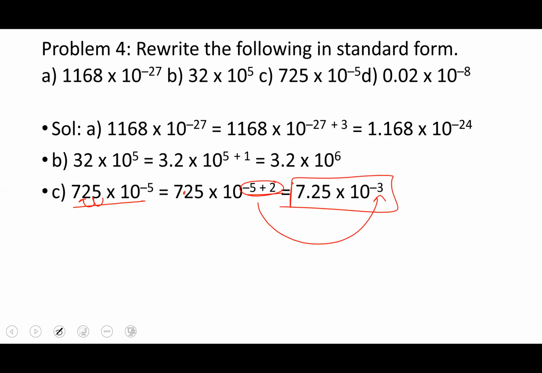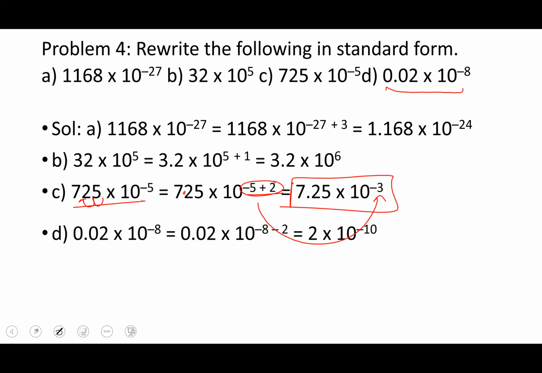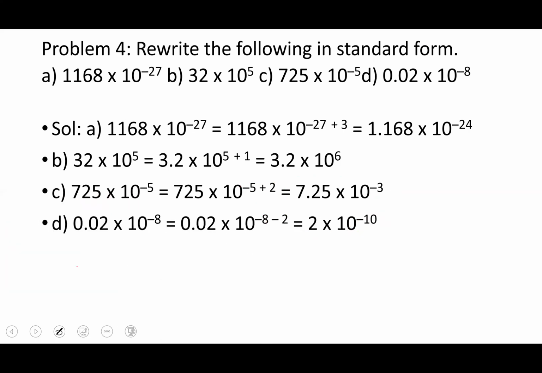The last part, which is the D part, is 0.02 into 10 to the power minus 8. We have to make it scientific now. Now we have to move towards the right, 1 and 2 towards the right.